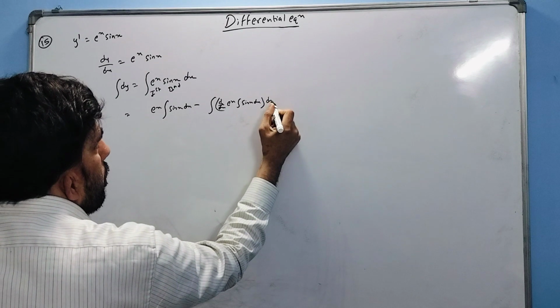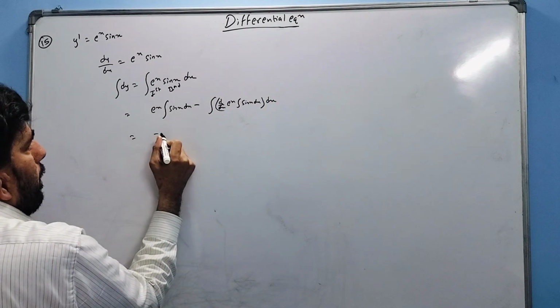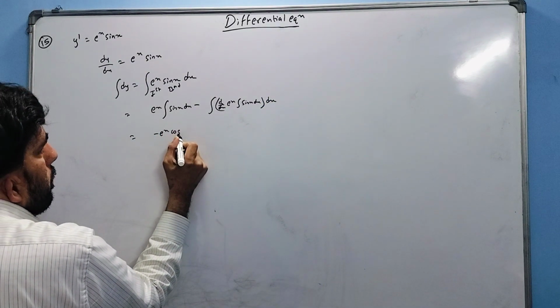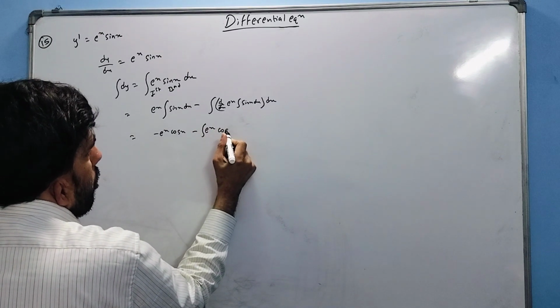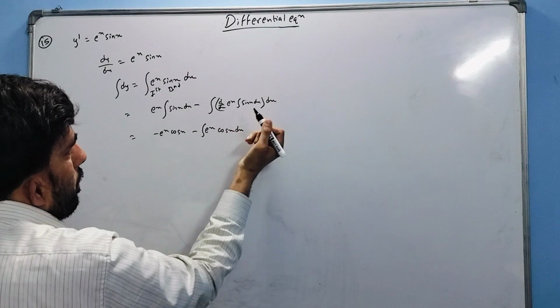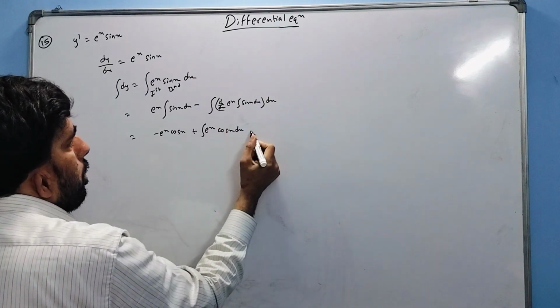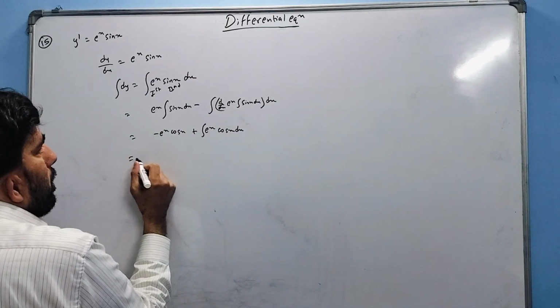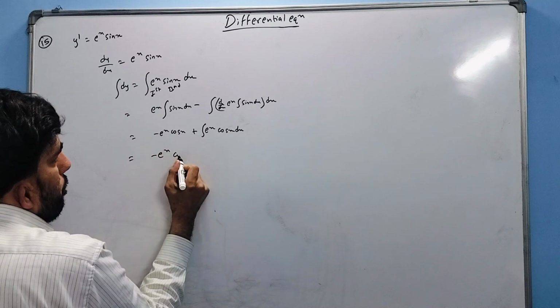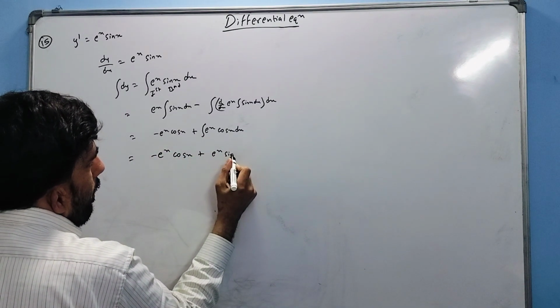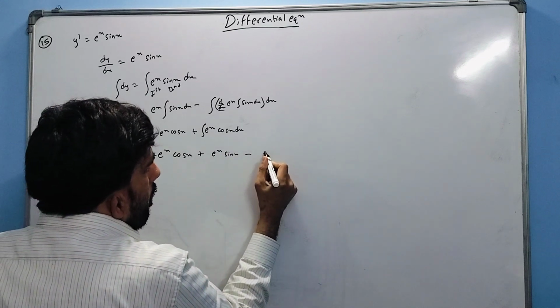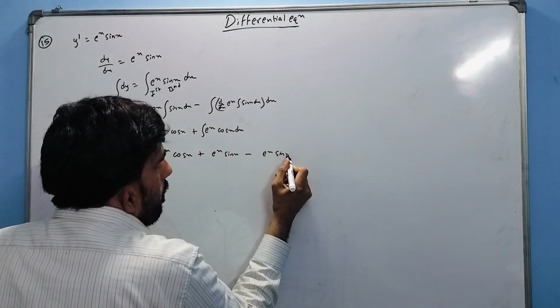So now I got minus e^x cos x, minus the integral of e^x times minus cos x dx, which will be plus. Now again we'll apply by parts. So I got e^x sin x minus the integral of e^x sin x dx.